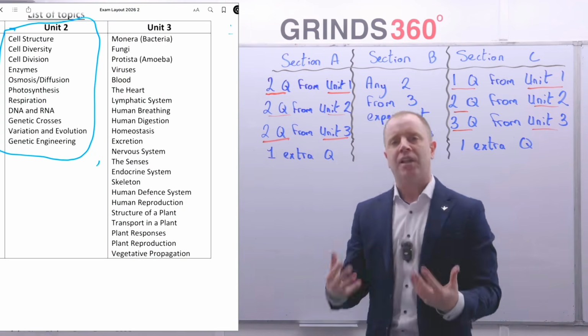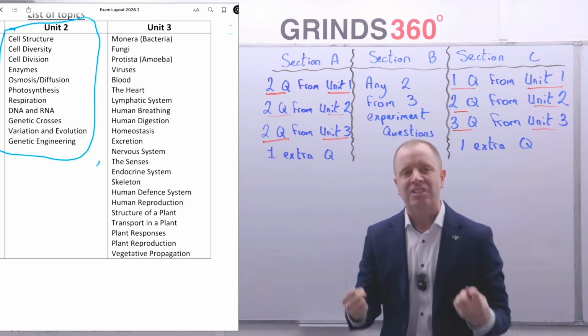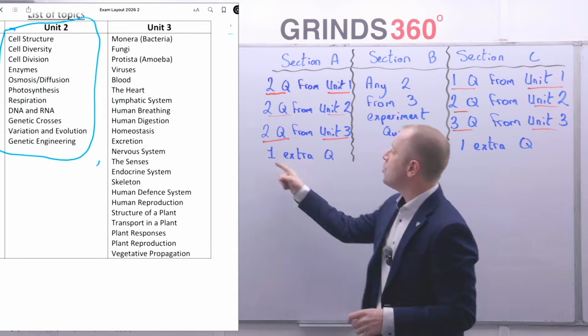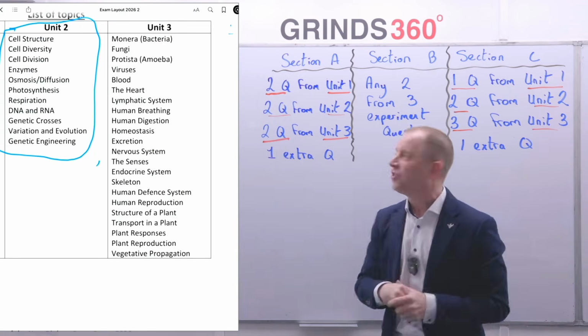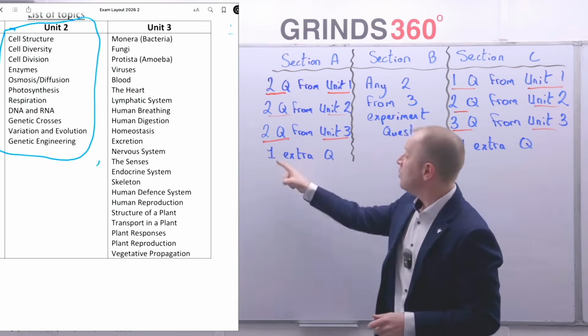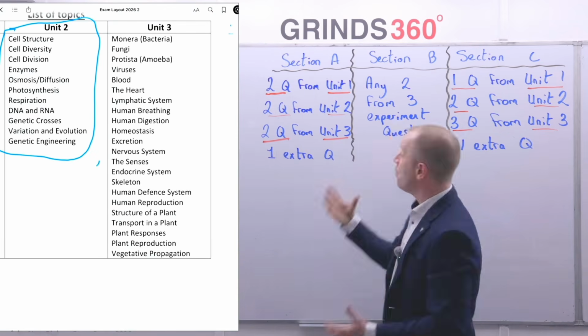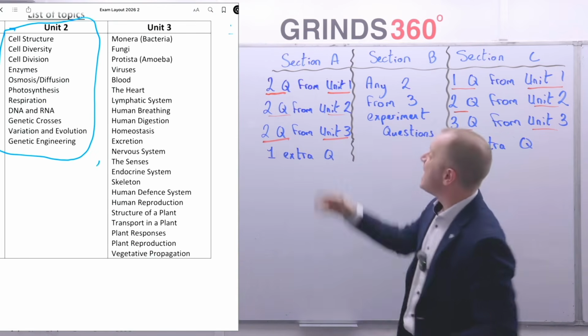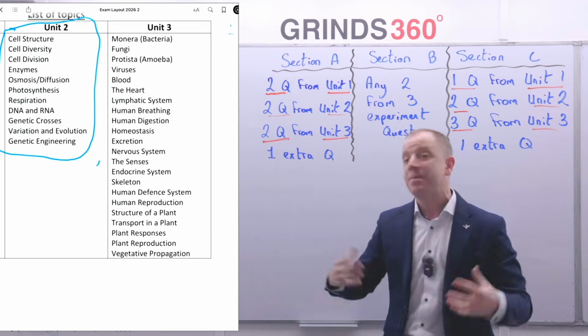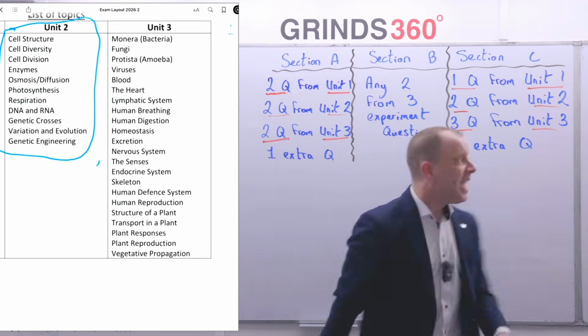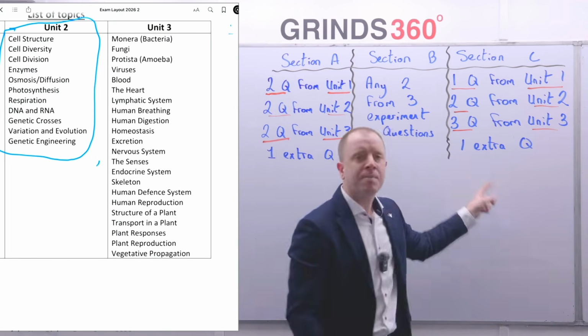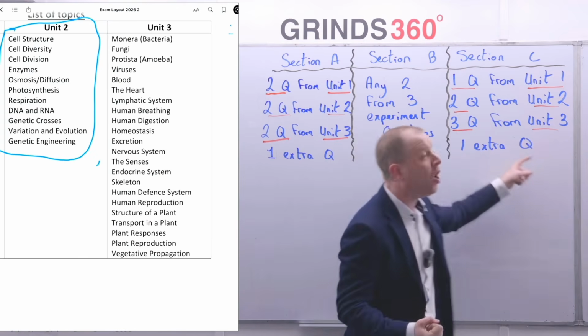Because of the current layout of the Leaving Cert paper, there's extra options on the paper. So you're going to get 7 short questions in Section A of your paper. So there's going to be an extra short question. Where will that extra short question come from? It'll come from one of the 3 units, or maybe a mixture of the 3 units. In Section C of your paper, you're going to be given 1 extra long question.